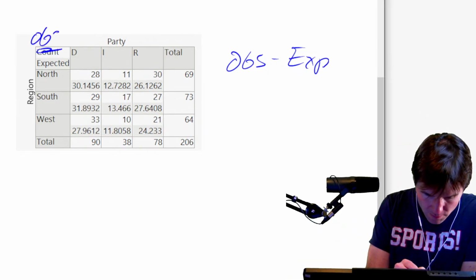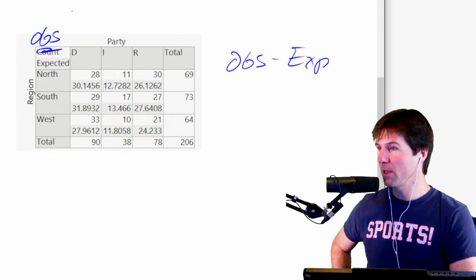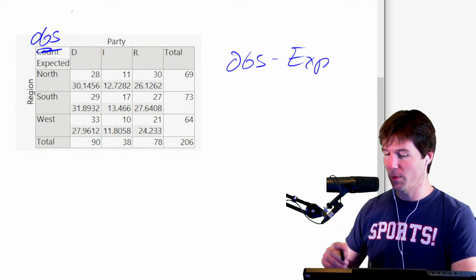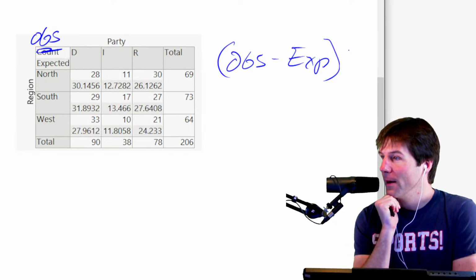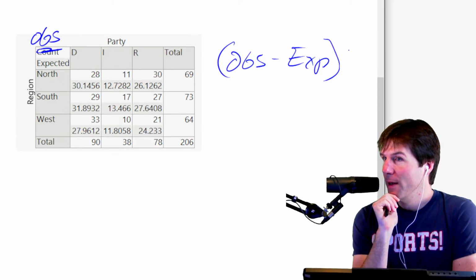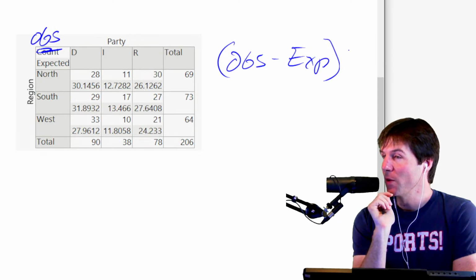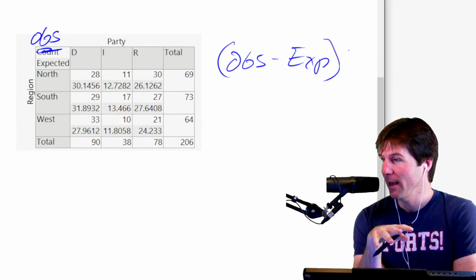All that is just a what between two numbers. Find the difference, right? The difference right there is what we're looking at.